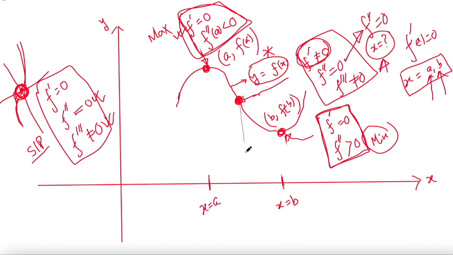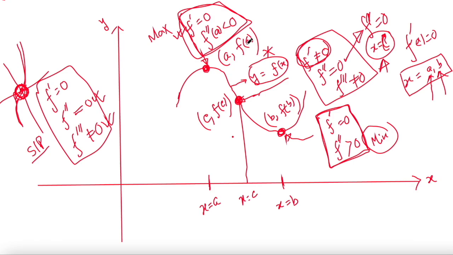Let's say the inflection point is at x equal to c, and this c you will get by setting the second derivative equal to 0. So the x coordinate of the inflection point is c, and the y coordinate will be f(c).